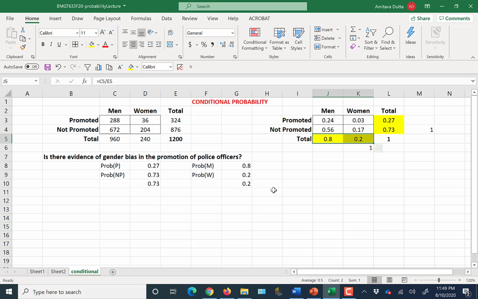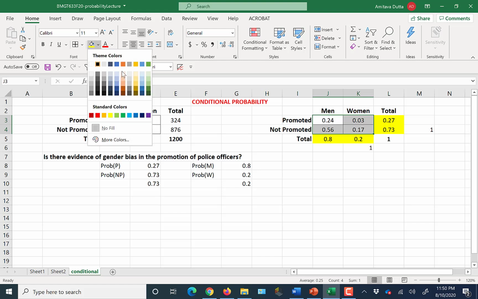So we know what these numbers represent now. 0.8, 0.2 we have calculated here. 0.27, 0.73 we have calculated over here. Now the probabilities in the middle here, these are what are called joint probabilities.